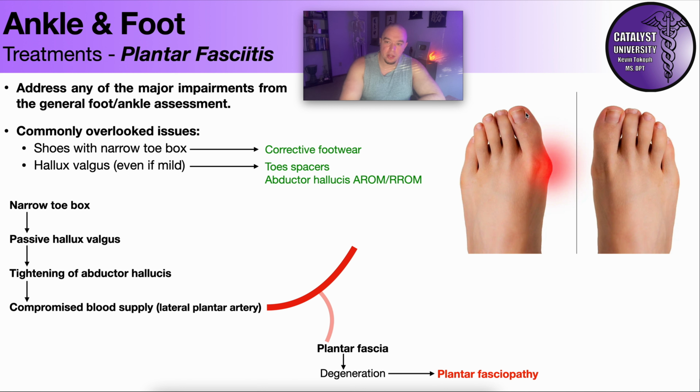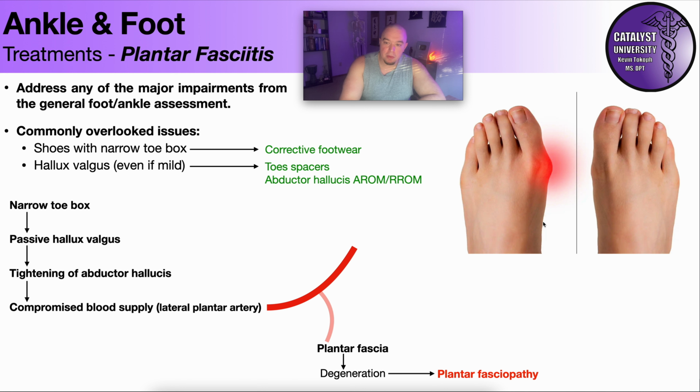But when you put this toe into passive hallux valgus, it causes a tightening of this abductor hallucis. And there is a blood vessel, the lateral plantar artery, that tends to respond adversely to this.